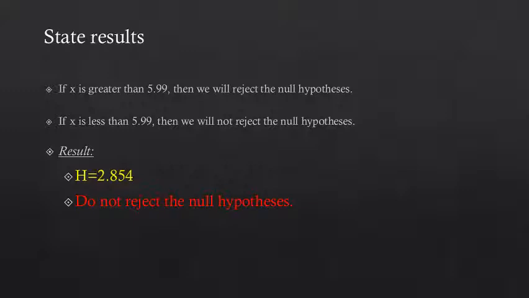Since the result of our H is equal to 2.854, I'm going to base that on our baseline of 5.99. 2.854 is less than 5.99. So therefore, we will not reject the null hypothesis since 2.854 is less than 5.99.